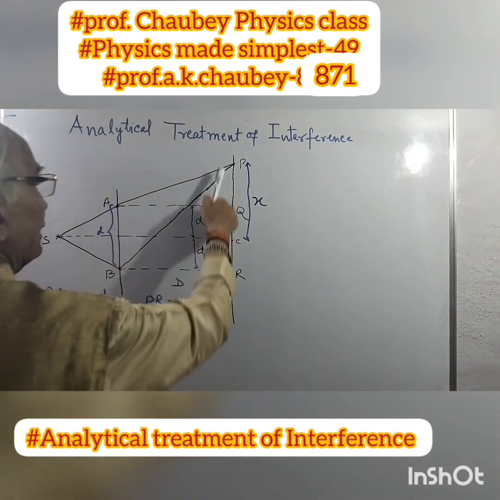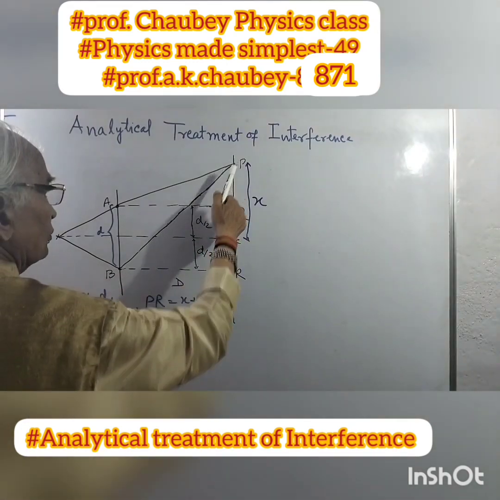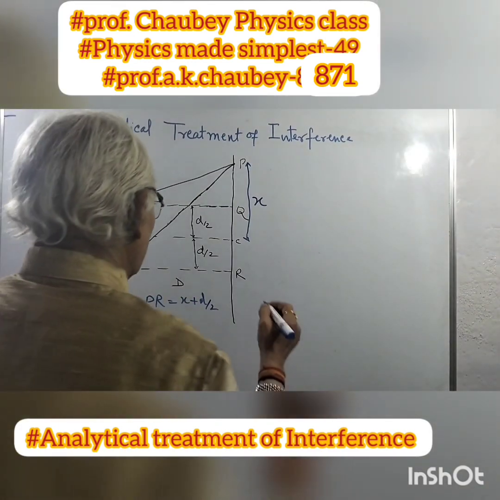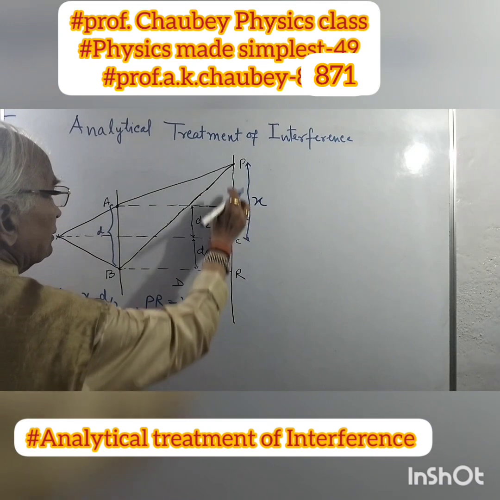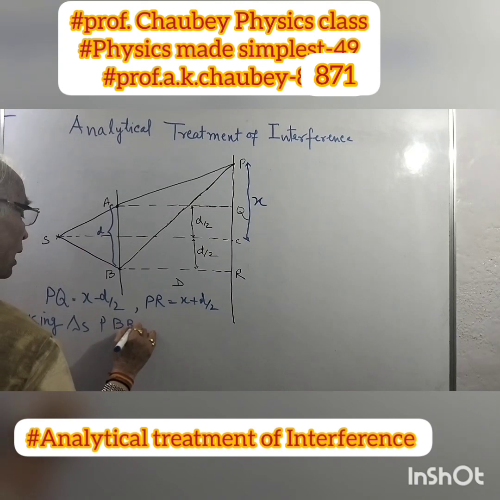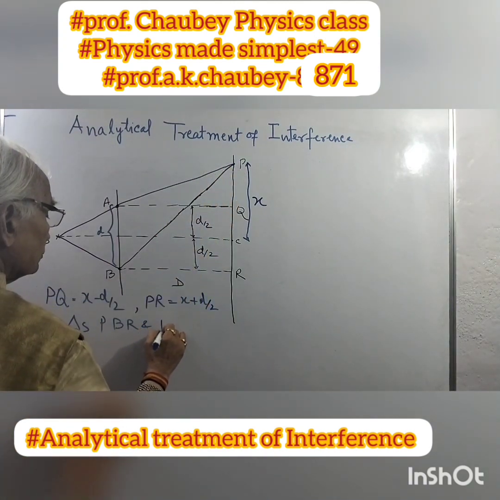Now this is the triangle. In this big triangle you can find out using these triangles, the big triangle P, B, R and PAQ.